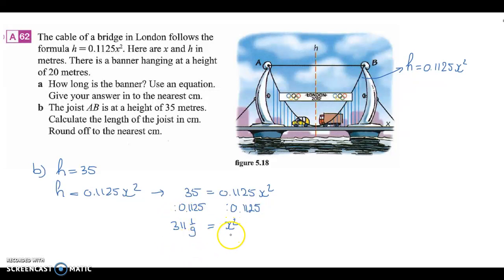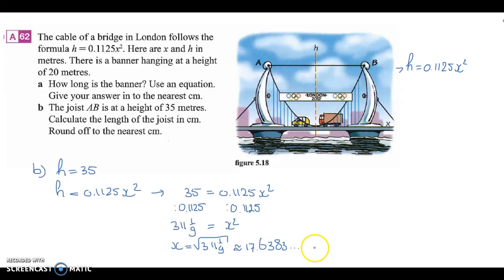So in order to calculate what x itself is, we're going to take the square root of 311.11. And that is approximately 17.6383 and a lot of decimals more.